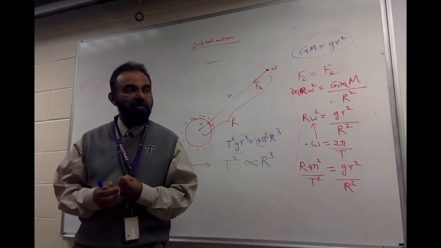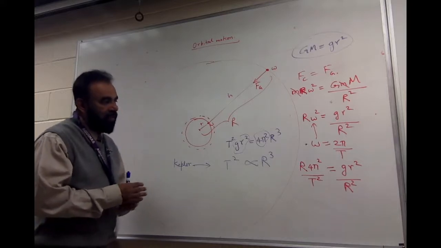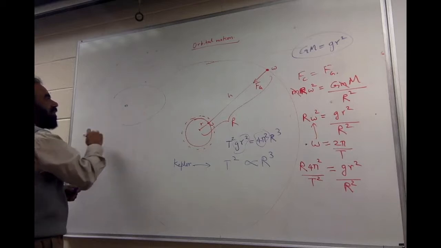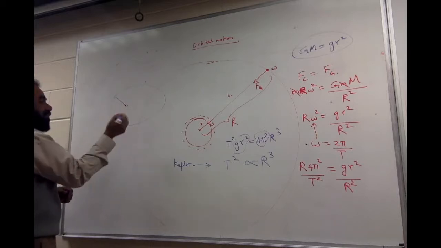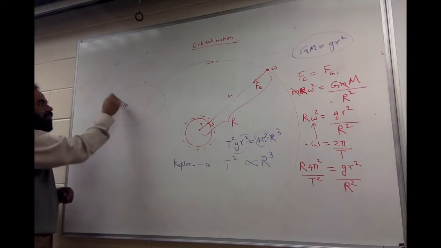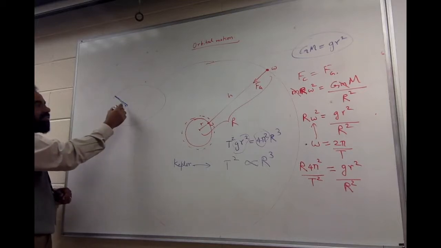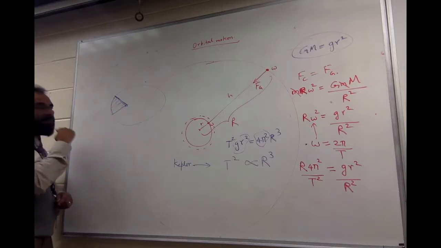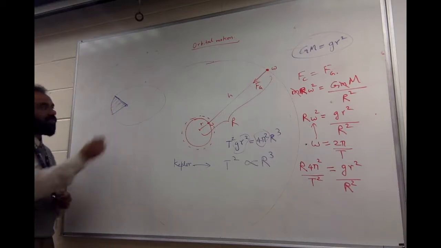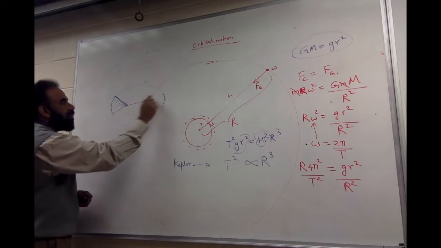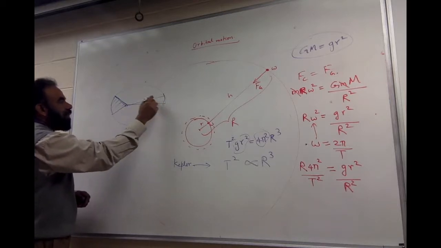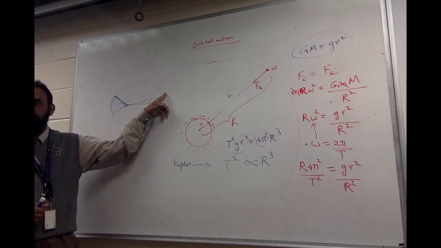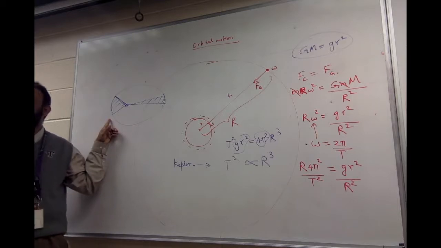The second conclusion he came up with is, so elliptical orbit is like that. What Kepler said is the area swept by the radius is the same wherever it is. So if it is moving here, it will sweep that much area. In other words, here it's going slower, and here it's going fast.